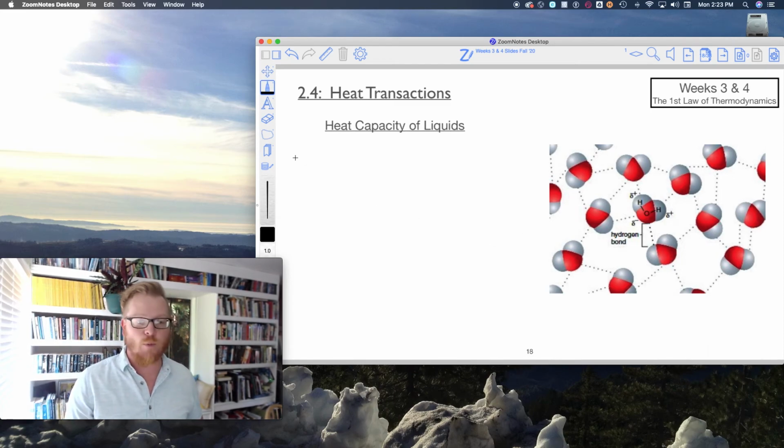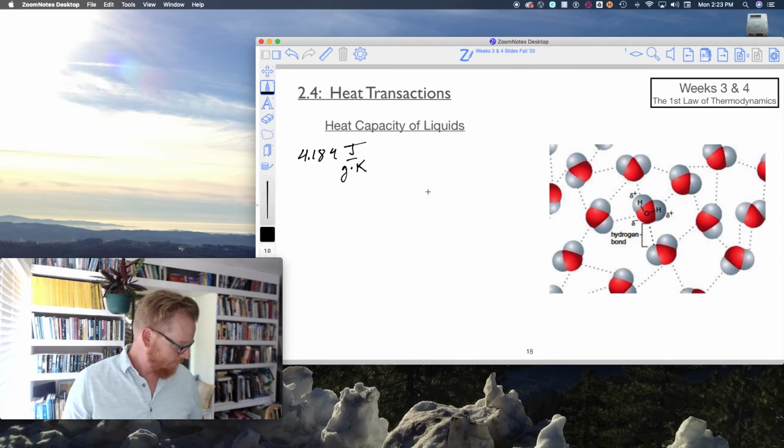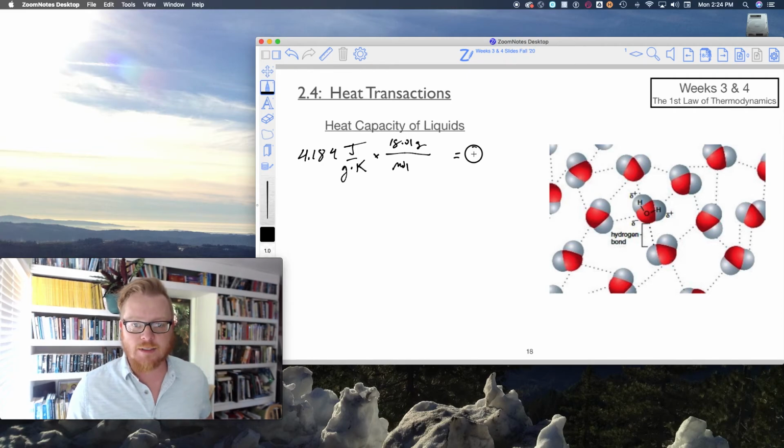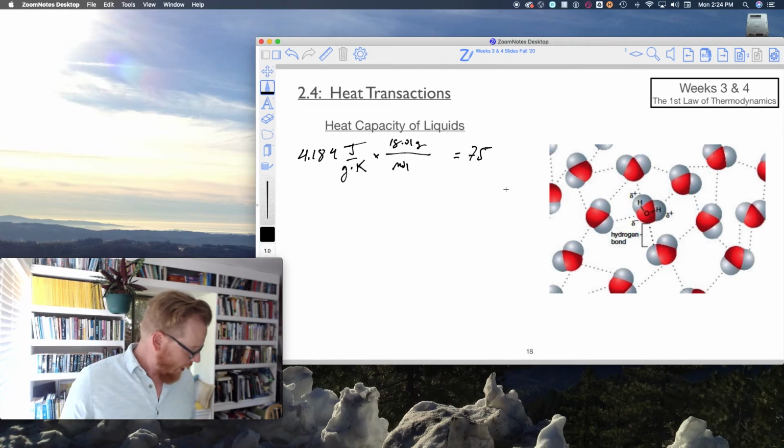We know the specific heat of water is 4.184 joule per gram per Kelvin, which is the same as joule per gram per degree C. What if I now want to convert this into joule per mole? Well, I know water is about 18.01 grams per mole. So when I do that with 4 sig figs, I get 75.